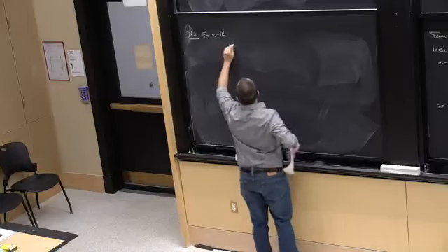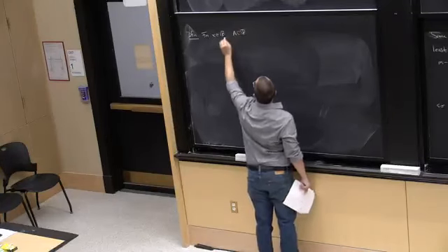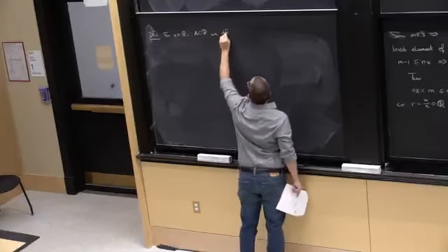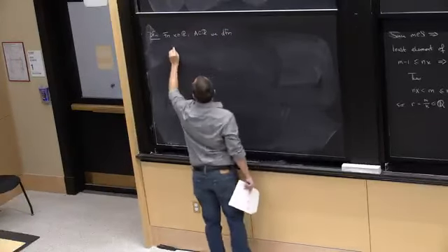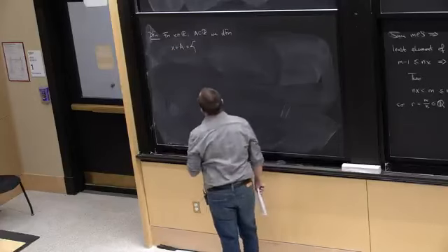So for x a real number and a subset A, we define two sets, x plus A. This is just the shift of A by x.